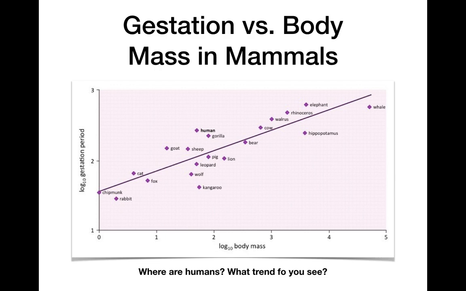Okay, so take a look at this graph, where we have the length of gestation or pregnancy and the body mass of all these different organisms. So what do we notice? What trends do we see? Pause the video, talk to a classmate.